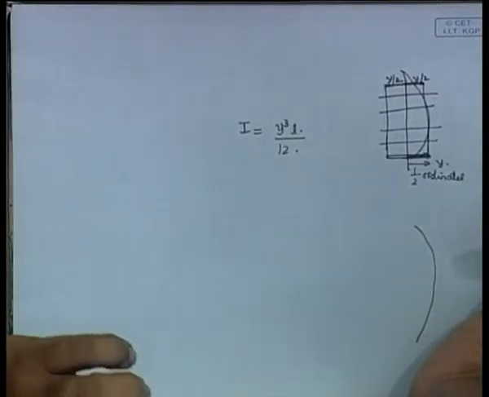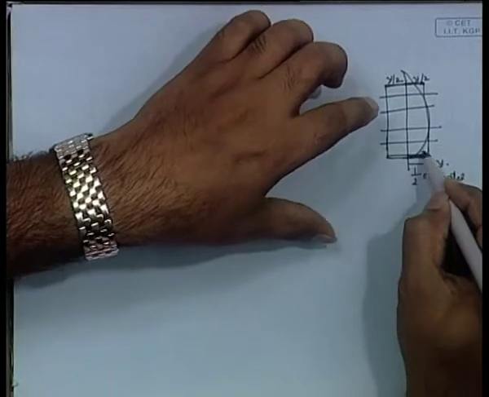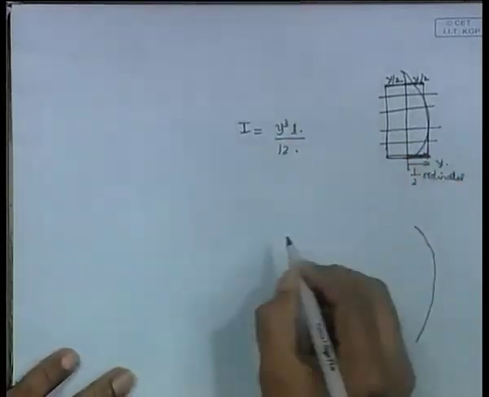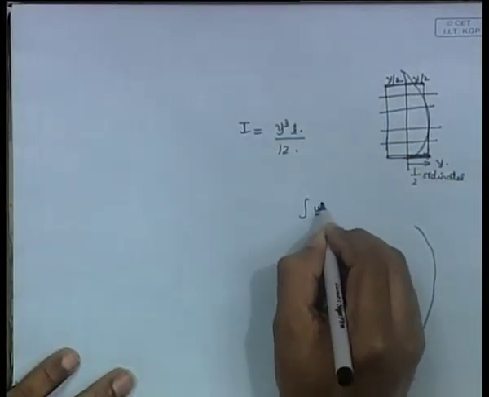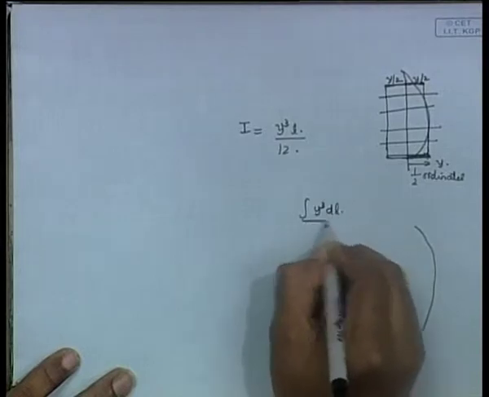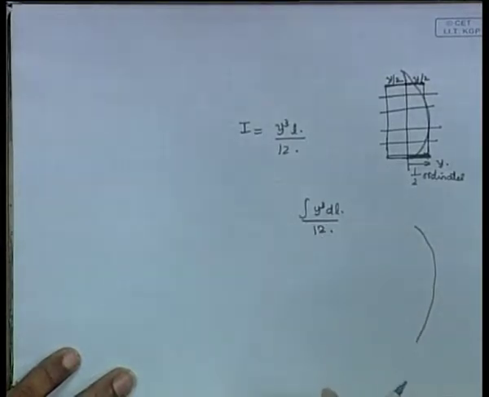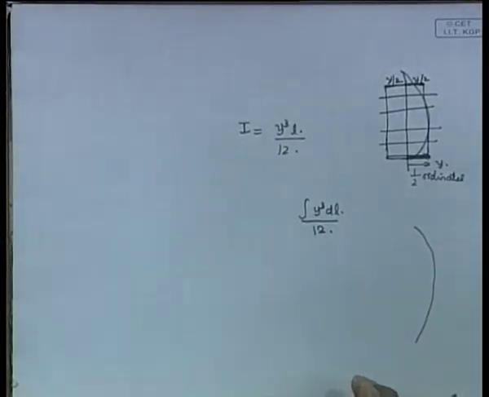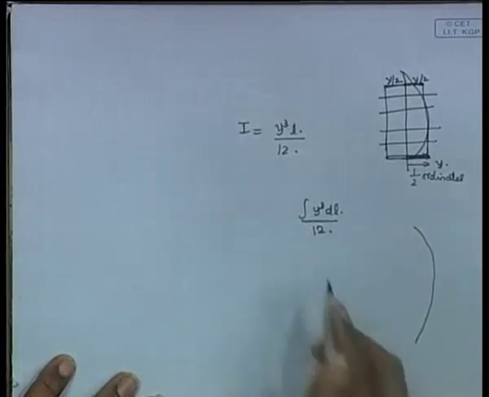So how do we find the moment of inertia of such an irregular shape? You do integral y cube dl divided by 12. Integral y cube dl by 12 will give you the I for this shape.